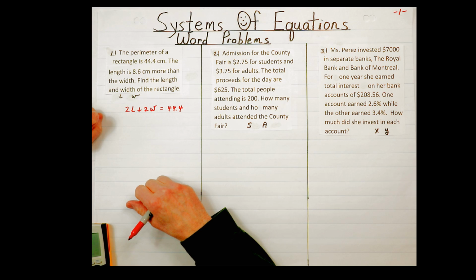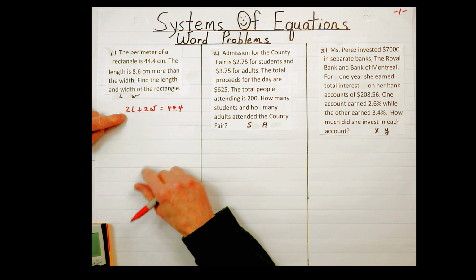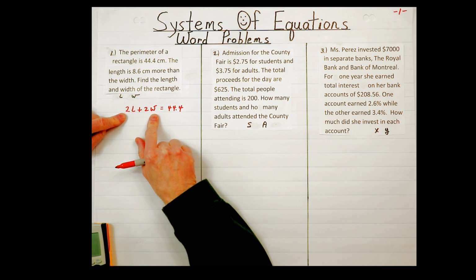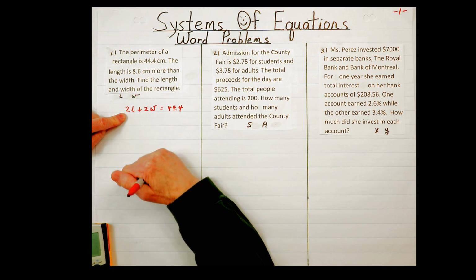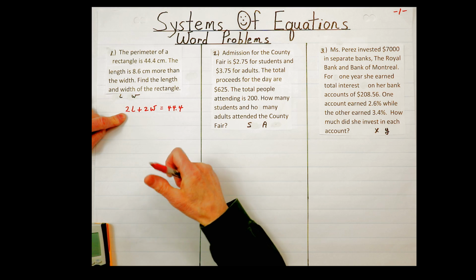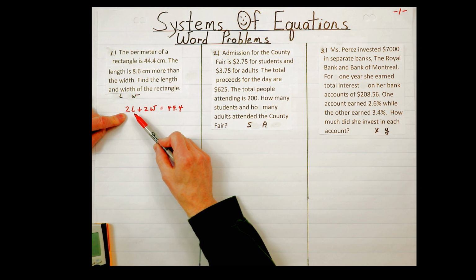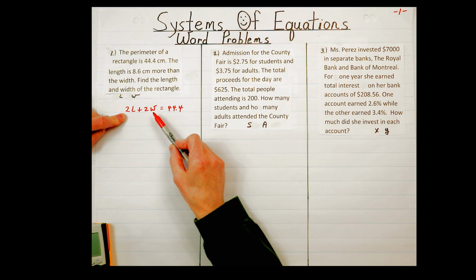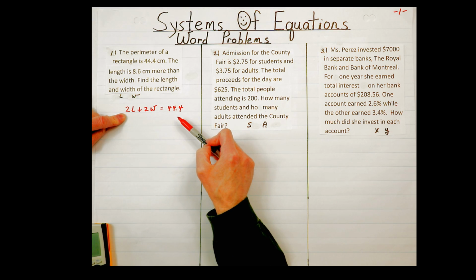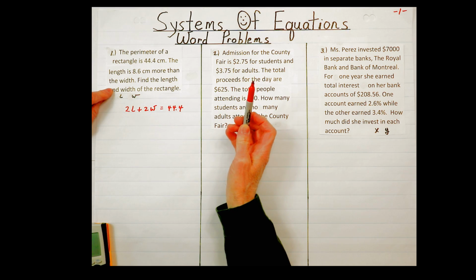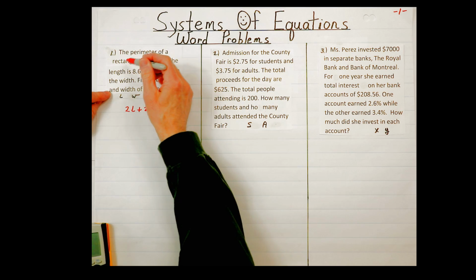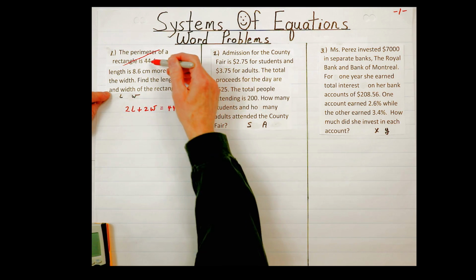And it's easy to get mixed up. So in this one, I'm using L and W and trying to get you to remember something that you already know. Twice the length plus twice the width equals 44.4. Okay, so that's the first equation. We're done with that. So I can just cross out this part here.